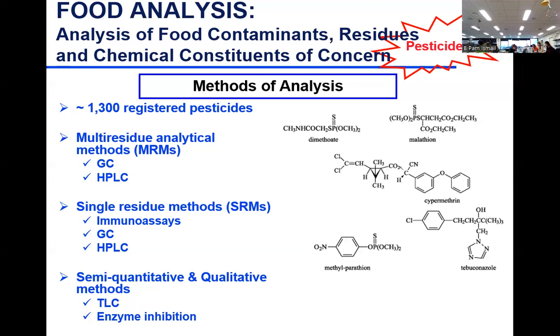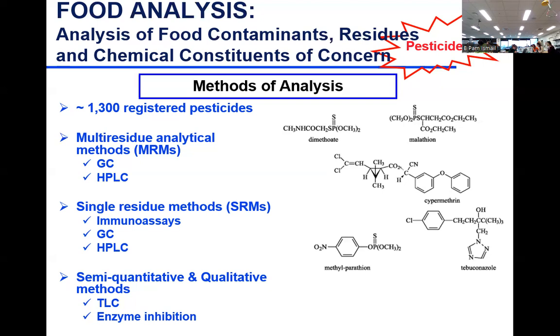It has to be registered. In order to be registered, we need to know the limit of use in terms of health. What's the lowest limit or the highest amount that can be considered safe? So in order to determine that and register the pesticide, oftentimes we do single residue analysis because it's very specific to one pesticide.